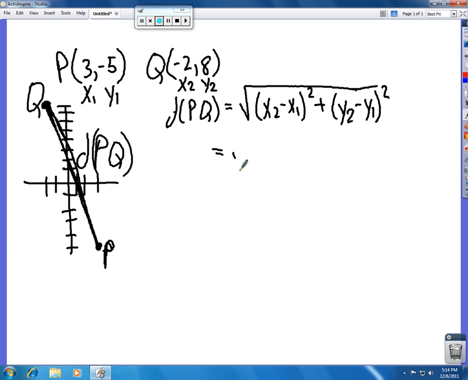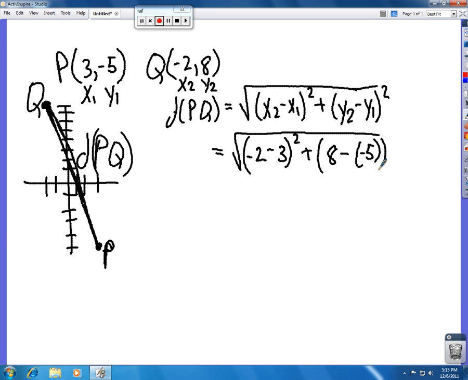This is going to be equal to, now we just plug in our values, x2, which is negative 2, minus x1, which is 3, quantity squared, plus y2, which is 8, minus y1, which is negative 5, quantity squared. All I have to do now is combine like terms inside the parentheses.